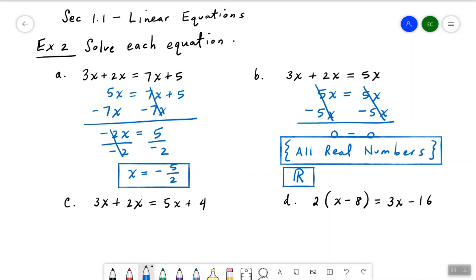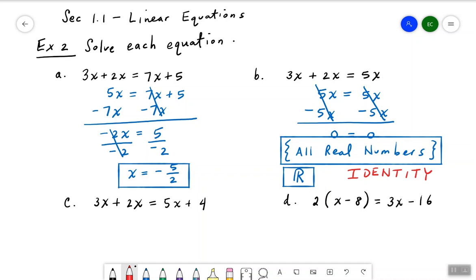This is a special type of equation called an identity. And when we say it's an identity, what we mean is that it doesn't matter what value we put in for x, we always get a true statement.